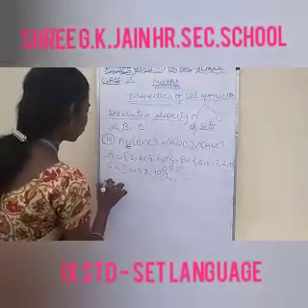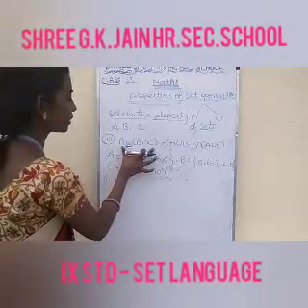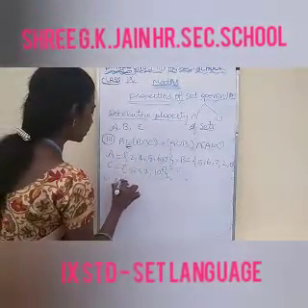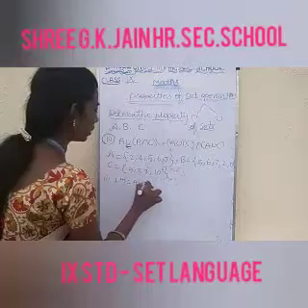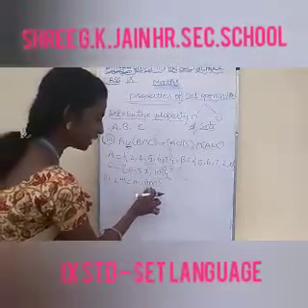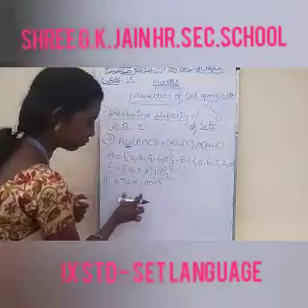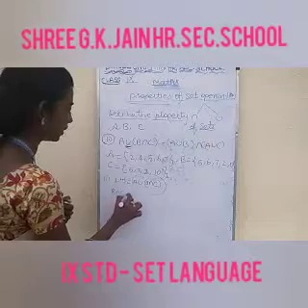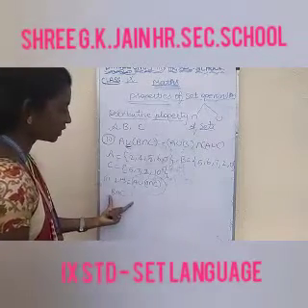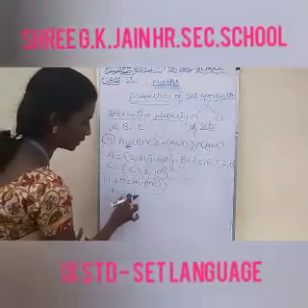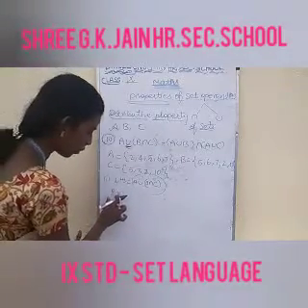The first distributive property: here, LHS is A union (B intersection C), isn't it? So LHS is equal to A union (B intersection C). First you should find B intersection C. Then only you can verify the whole thing. So B intersection C is nothing but what? The common elements of both the sets.